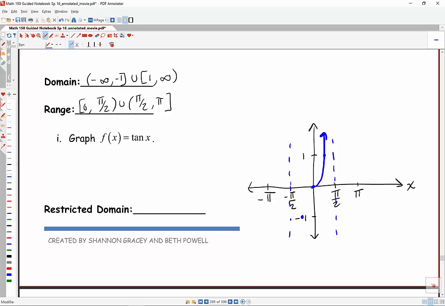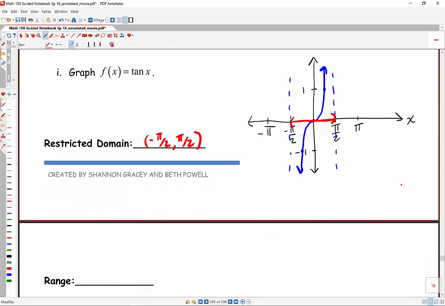So it looks kind of like that. For this one, our restricted domain will just be from negative pi over 2 to pi over 2 non-inclusive. And then what about our range? Our range is from negative infinity to infinity, non-inclusive.